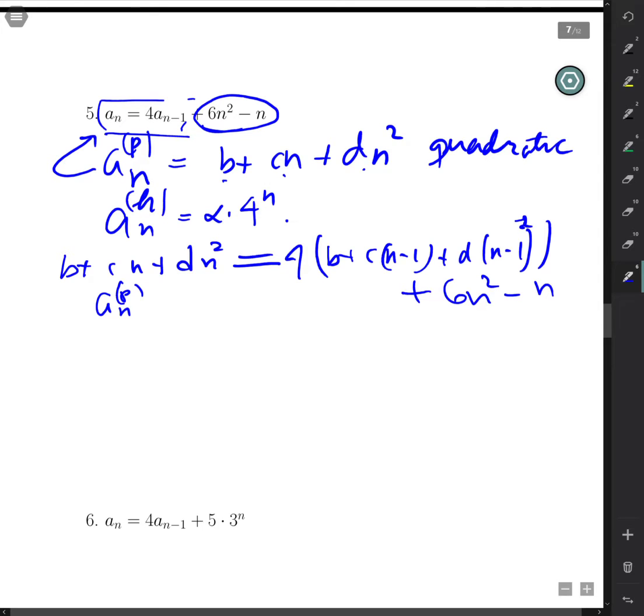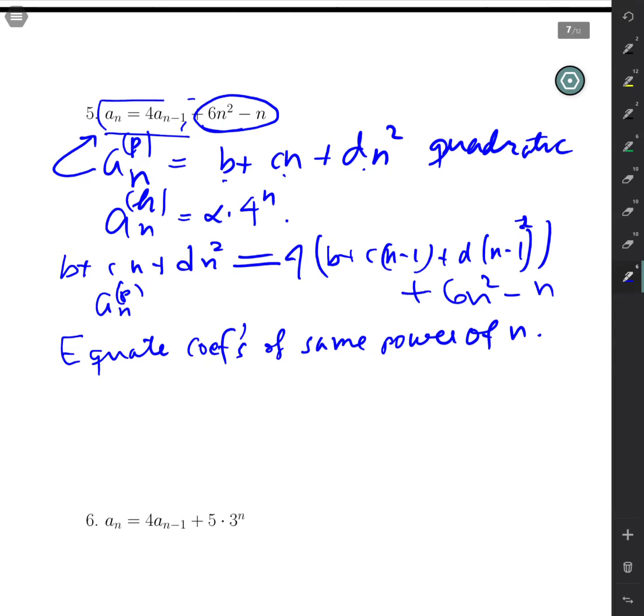So cleaning that up and equating powers, equate coefficients of the same power of n. That must be true when you have a general pair of quadratics or polynomials that are equal.